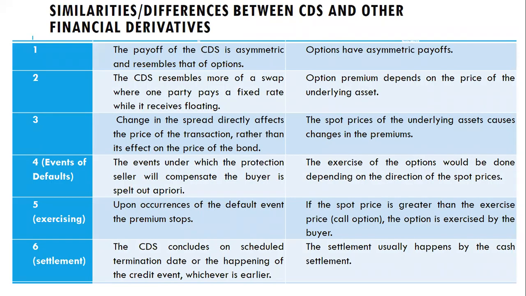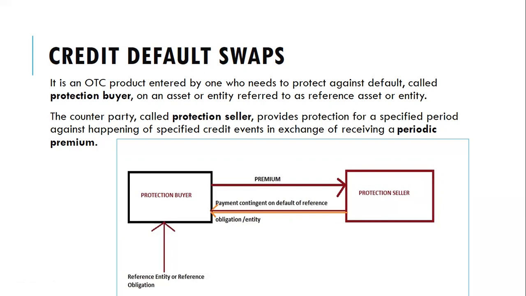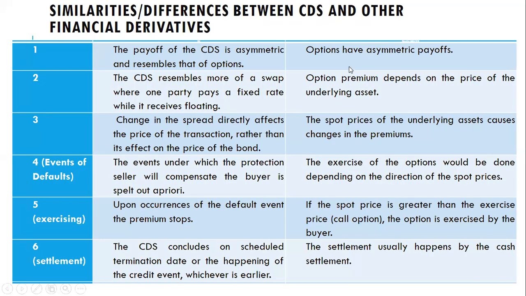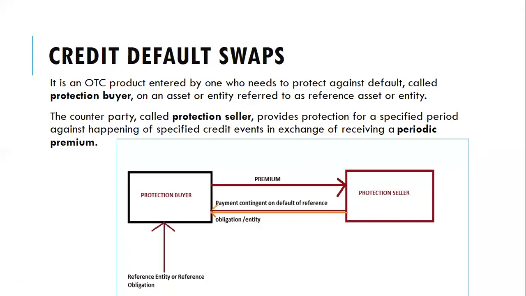Now, if you look at the differences between credit default swaps and other financial instruments or derivatives that you have learned, it is more or less like a swap, wherein a premium is paid, and on the occurrence of the event, the amount is paid by the protection seller.